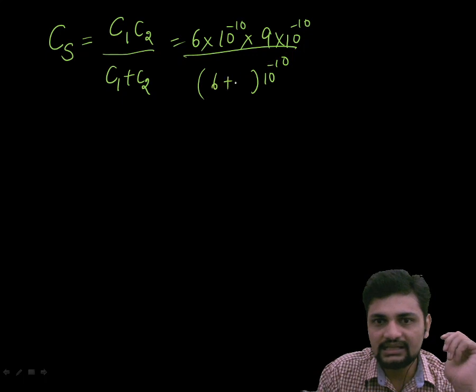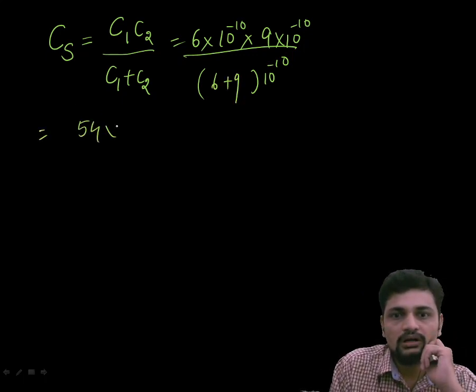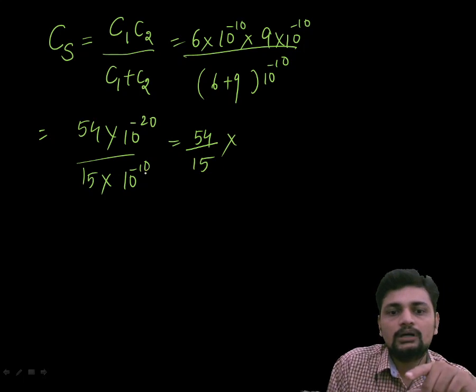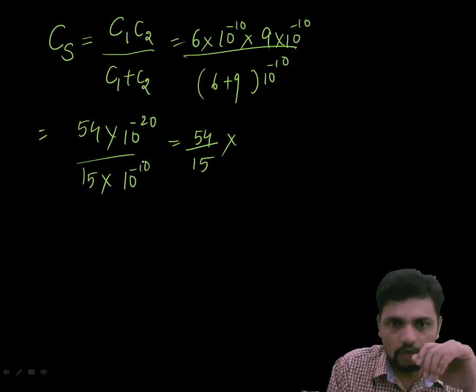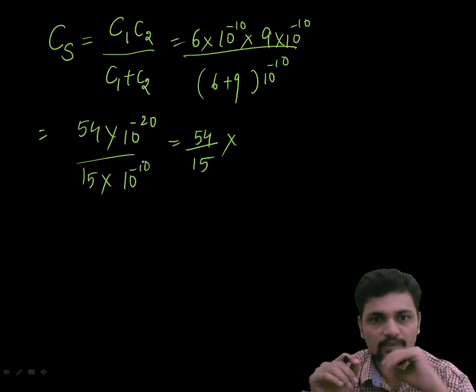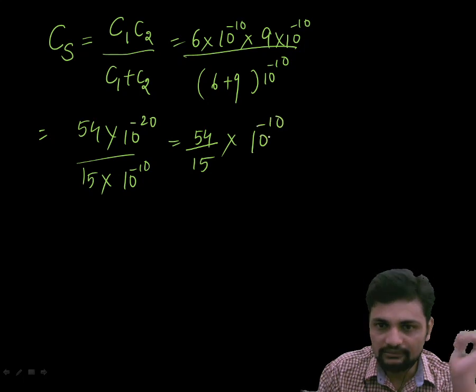So 6 plus 9 remains in the bracket. 6 nines are 54. 10 power minus 10 times 10 power minus 10 is 10 power minus 20. 6 plus 9 is 15, minus 10 as it is. So 54 divided by 15 into, taking this minus 10 from the denominator to the numerator, it will become plus 10. So 10 powers will be minus 20 plus 10, which is 10 power minus 10.